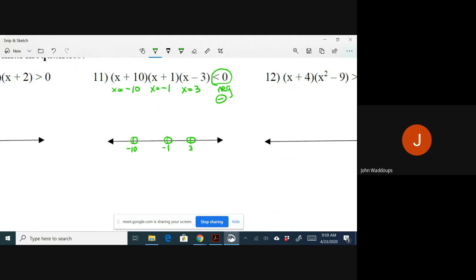And so we're going to consider our sign chart or array. To the left of -10 would be negative, and then positive, positive, positive. To the left of -1 would be negative in each of those intervals, and positive to the right.